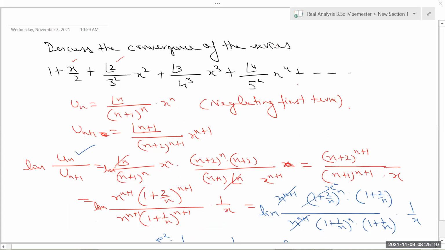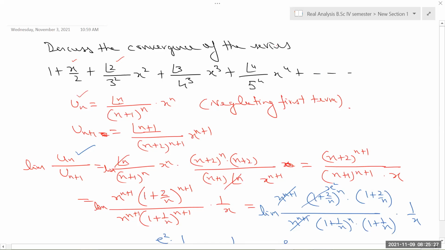For example, let us discuss the convergence of this series: 1 plus x by 2 plus factorial 2 by 3 square x square, and so on. Look at it, it contains increasing powers of x, and the nth term, neglecting the first term, is given by factorial n upon n plus 1 to the power n, x to the power n. Replacing n by n plus 1, we get un plus 1.